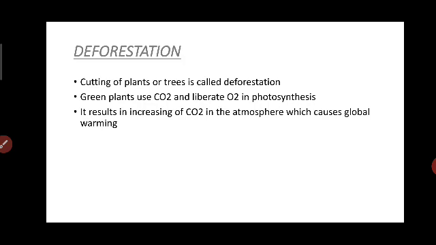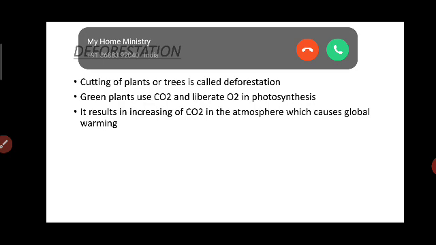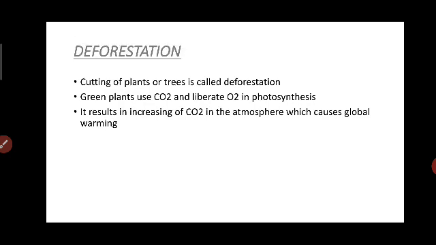So by deforestation, when plants and trees are cut, how can the environment be stabilized against carbon dioxide? Whenever we cut plants, the carbon dioxide percentage becomes excessive, and that excessive carbon dioxide pollutes the air.